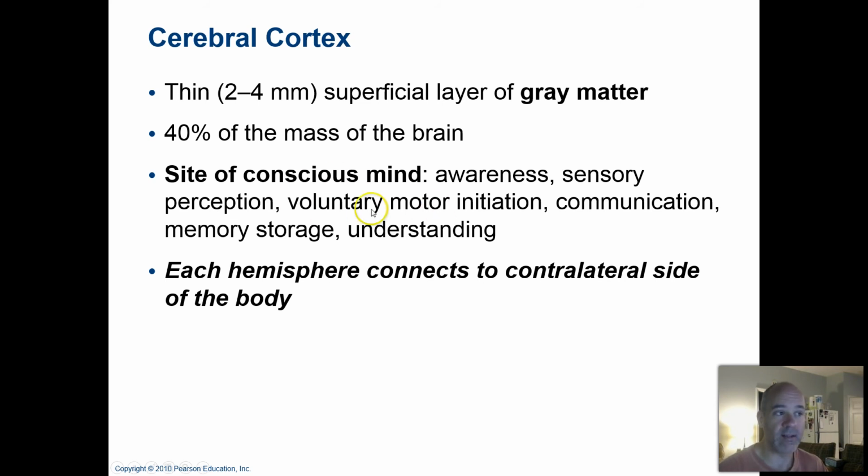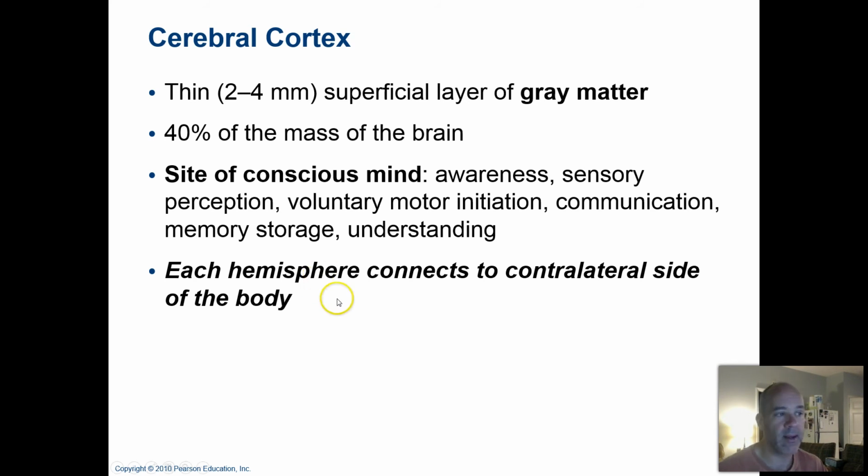The cerebral cortex, there are areas that make decisions about what skeletal muscles you're going to use. You're going to contract communication, understanding, written language and sounds and so forth. All of these things happen in your cerebral cortex. And as we'll see, different sections, different regions of the cerebral cortex have different functions.